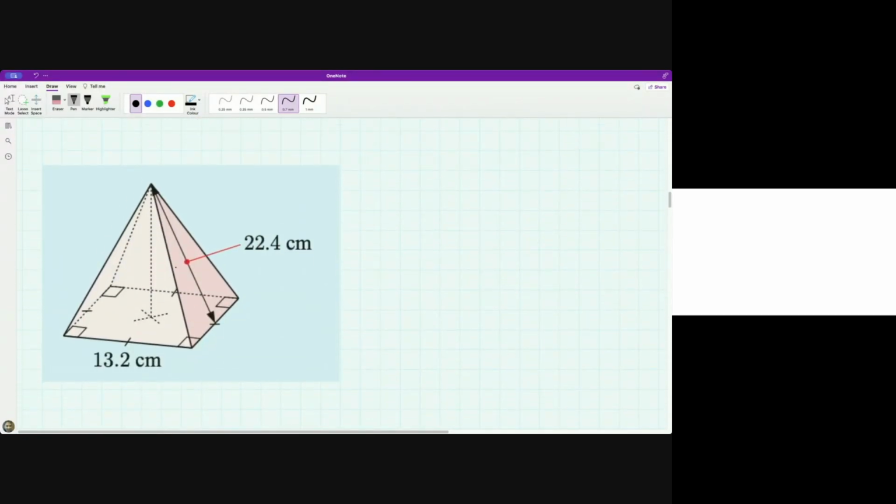Okay, here is another question. I want you to find me the volume and the surface area for this pyramid. There's a slight difference, but not much. I want you to go ahead. Let's do the volume first. Find me the volume of this pyramid.